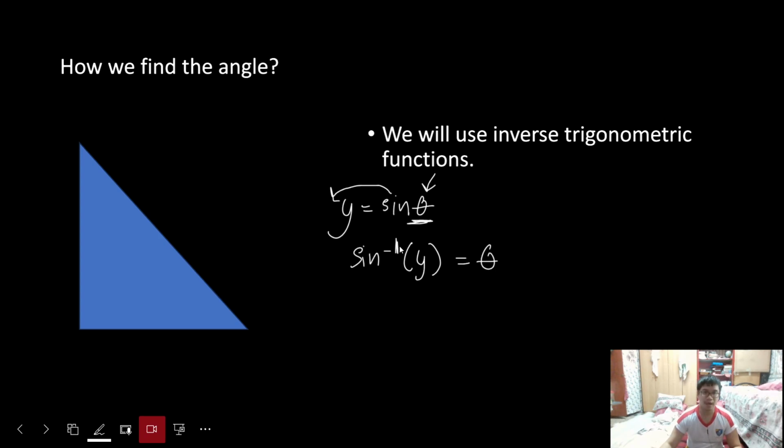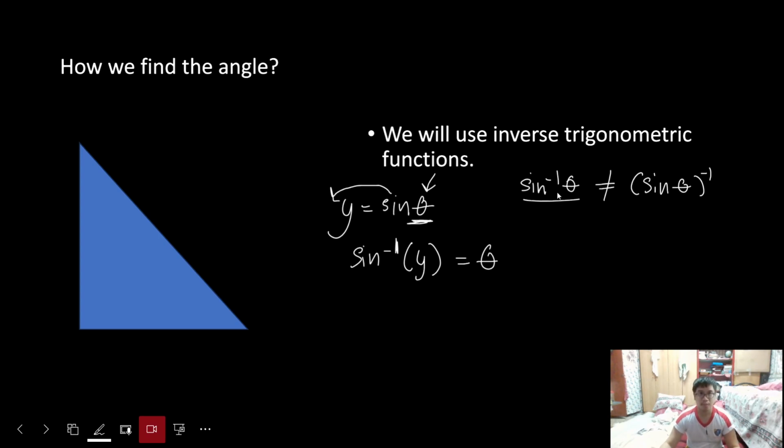By the way, this looks like a negative one, but not exactly. This one is not the same as this one. This one is basically the inverse of the sine function.